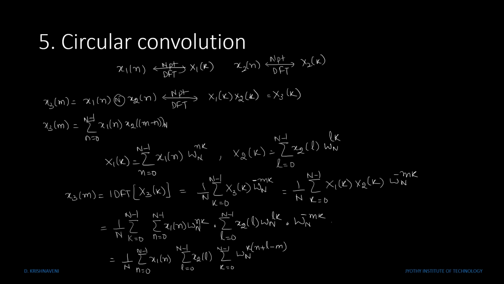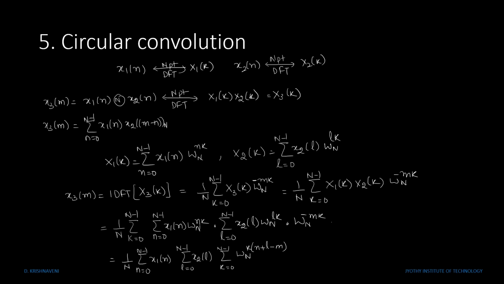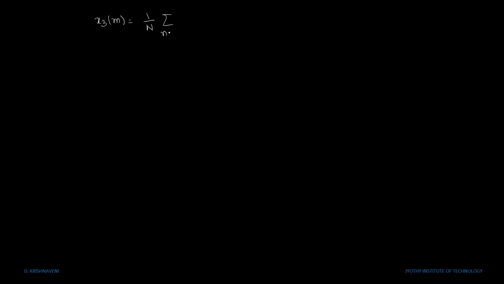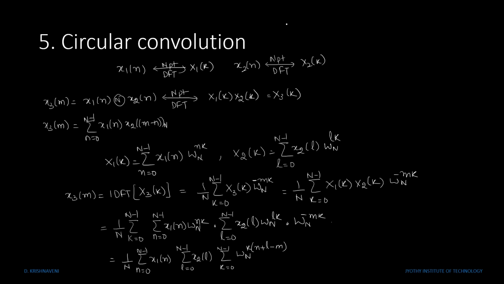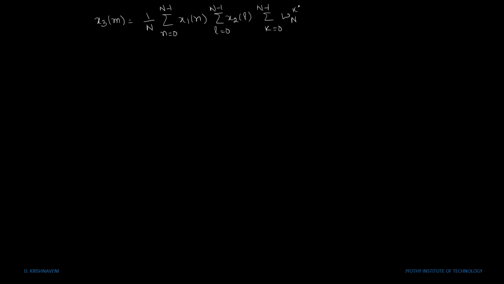So x3 of m is equal to 1 by N summation, we have taken n equal to 0 to N minus 1 x1 of n, summation L equal to 0 to N minus 1 x2 of L and summation k equal to 0 to N minus 1 W_N to the power of k times (n plus L minus M).